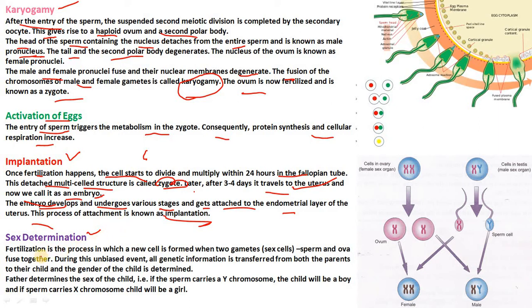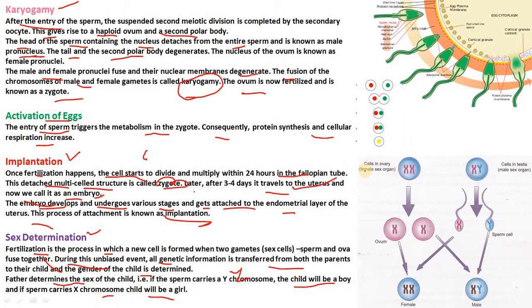How is sex determined? Fertilization is a process in which a new cell is formed when two gametes, the sex cells, the sperm and ova, fuse together. During this unbiased event, all the genetic information is transferred from parents to the child and the gender of the child is determined. If the sperm carries a Y chromosome, the child will be a boy, and if the sperm carries an X chromosome, the child will be a girl.